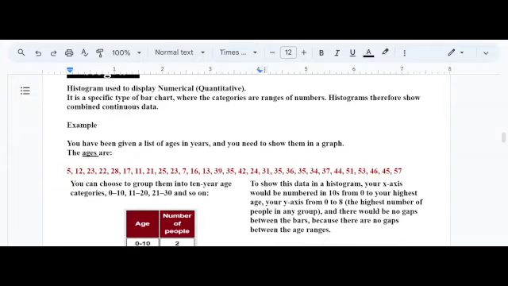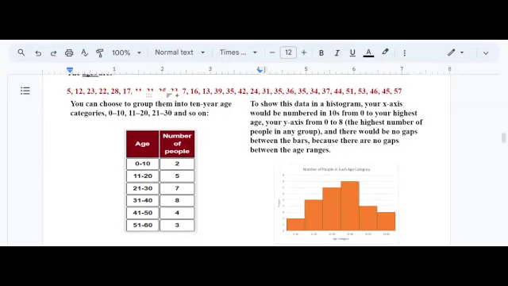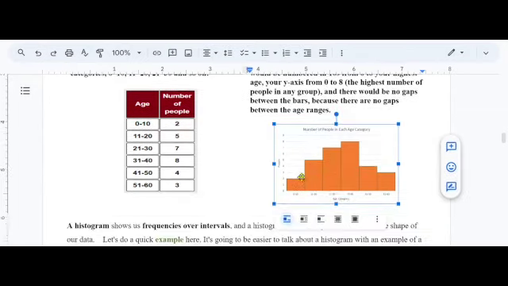Is it in order? No. So you need to put this in order. You can choose to group them into 10-year age categories, for example from 0 to 10, 11 to 20, 21 to 30. So each one of them gives you 10, correct? And then you see the frequency for each group of data. After this, you do the histogram. The bars have to touch. There are no gaps, okay?